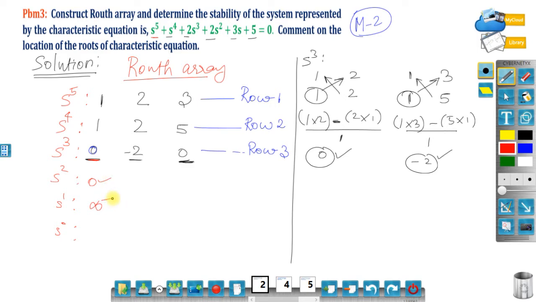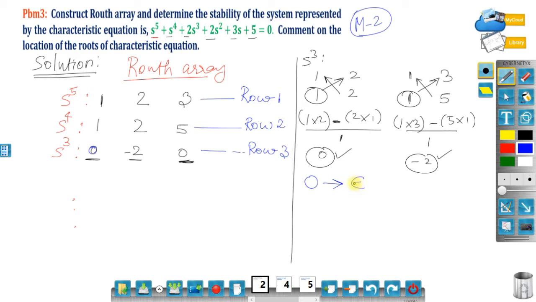So our problem is with this 0 entry, and we need to overcome it. What we have to do is replace the 0 by some other constant. In this step I am going to substitute eta instead of 0.